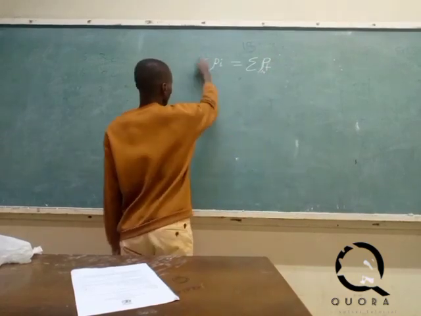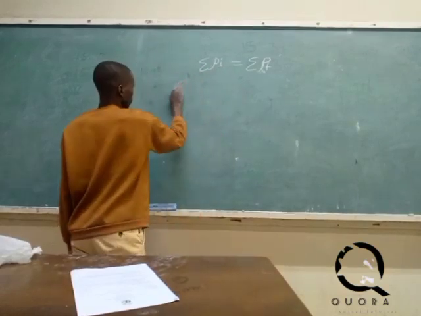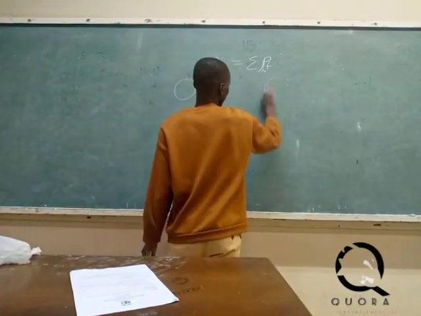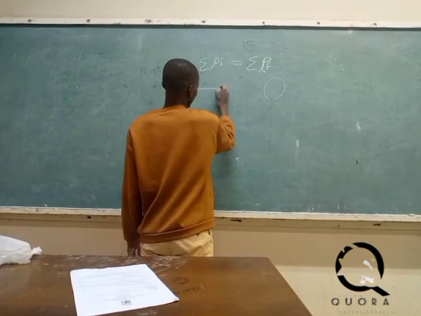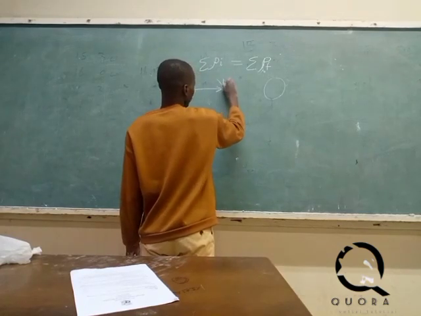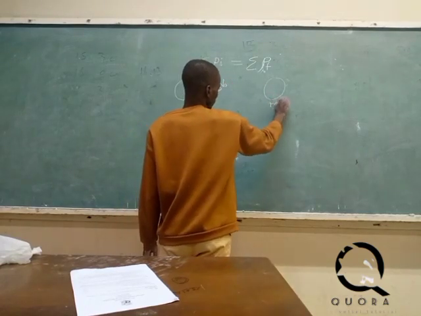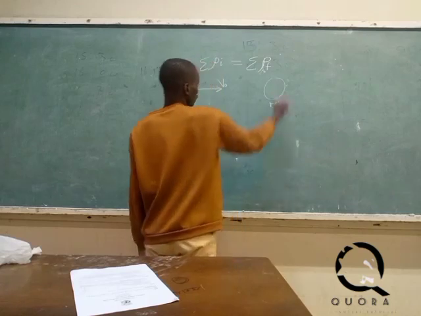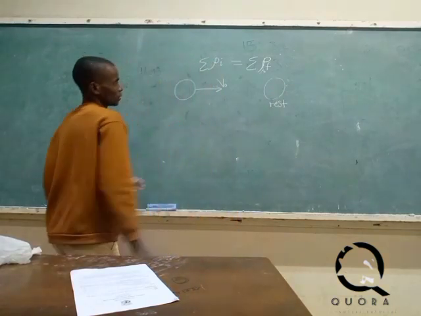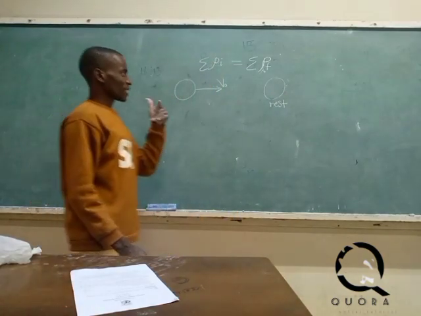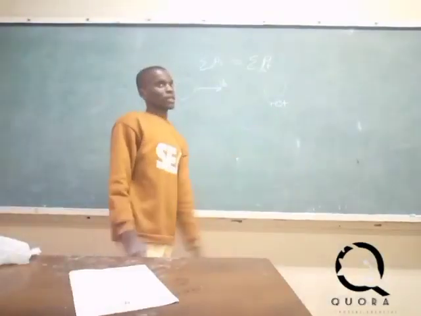Meaning that if you have two particles, particle A and the other one here, and this one is moving with the initial velocity while this one is at rest, this one won't have linear momentum because it is initially at rest.